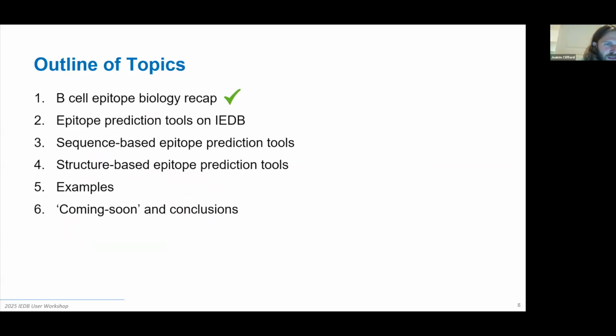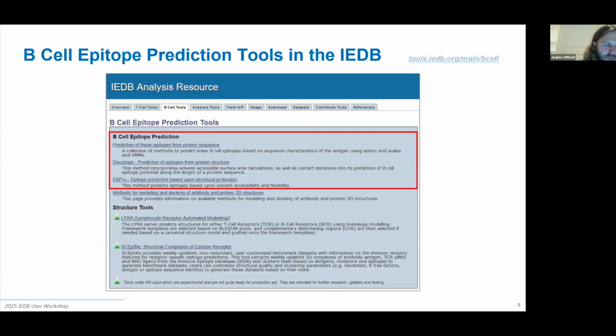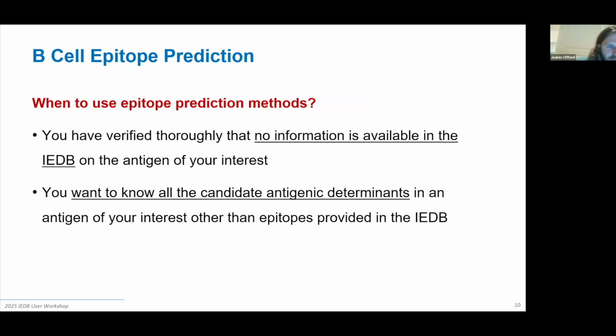Going into the tools, we'll start with the sequence-based tools, and these are typically used to predict linear epitopes. But before we get into the tools, I think it's important to talk about when you should use them, because the gold standard is, of course, actual experimental data. So the first thing you should do is check whether there is epitope data for your antigen of interest.